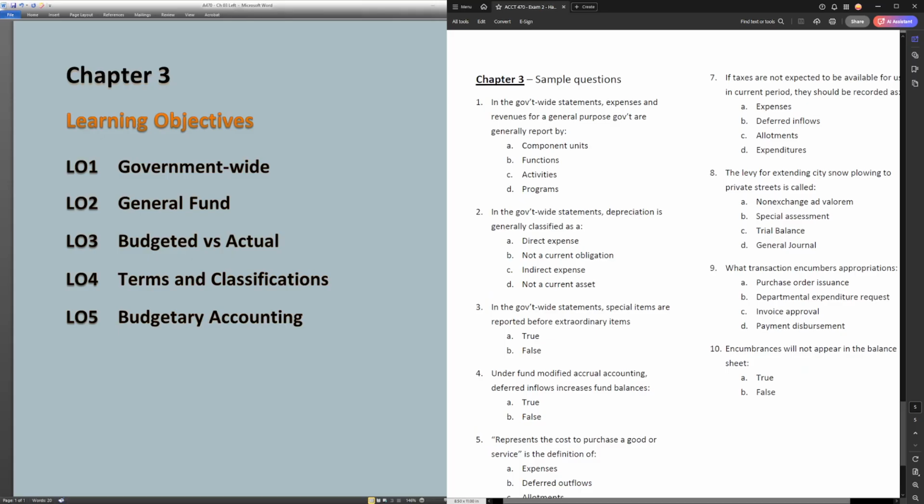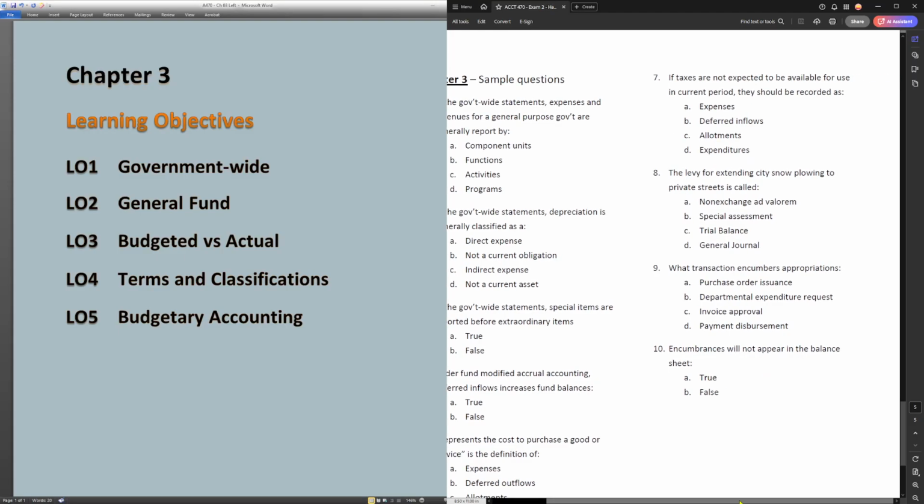Seven, if taxes are not expected to be available for use in the current period, they should be recorded as deferred inflows. That was basically the one example we had of an outflow or an inflow in this particular outline.